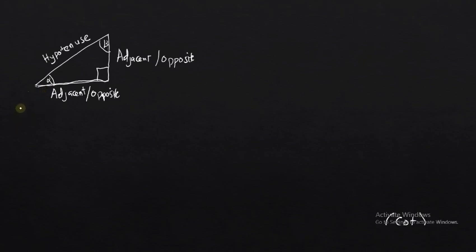So let's try and write the trigonometric ratios for this triangle for alpha. Let's write it for alpha first. So sine of alpha will be equal to, we know sine is equal to opposite over hypotenuse.